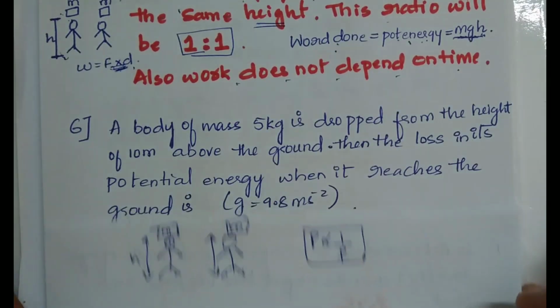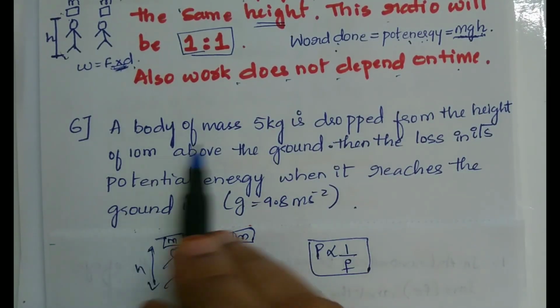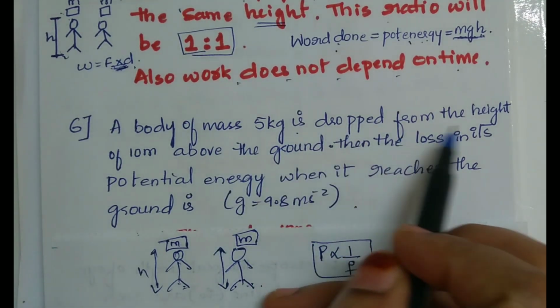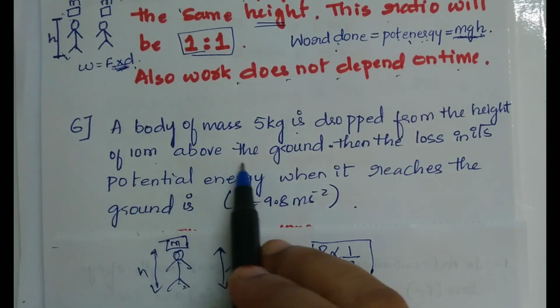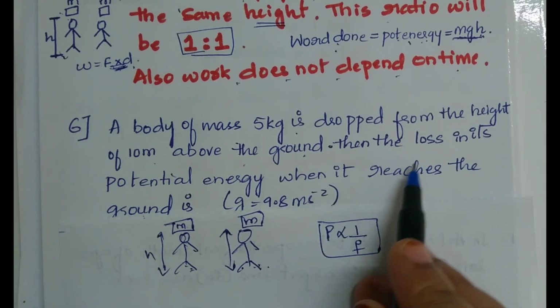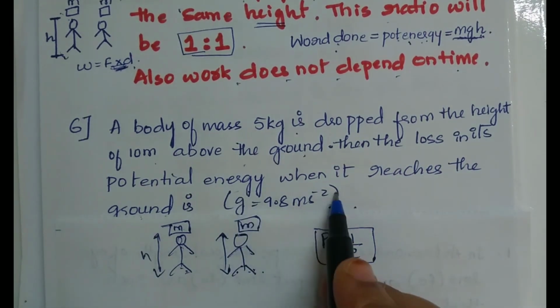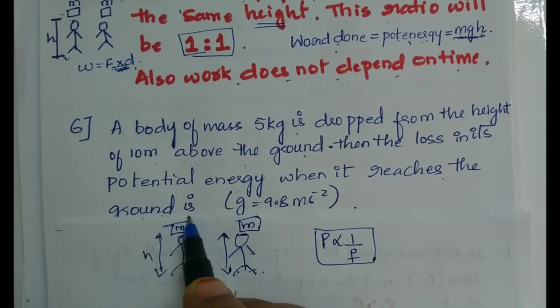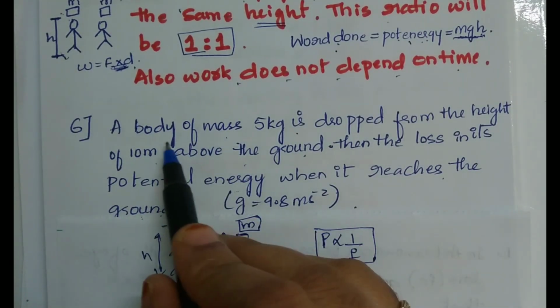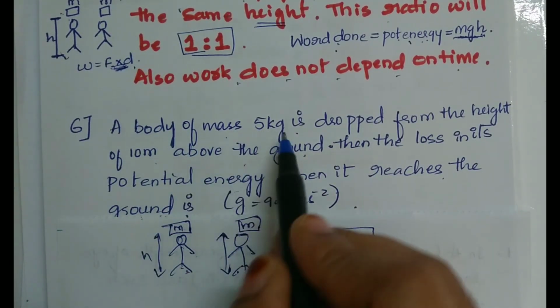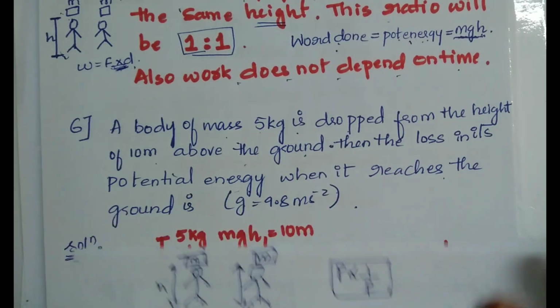Then we have the sixth one. A body of mass 5 kg is dropped from a height of 10 meters above the ground. Then the loss in its potential energy when it reaches the ground is? So the question is, a body of 5 kg is dropped from the height.